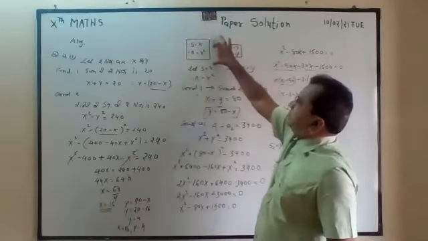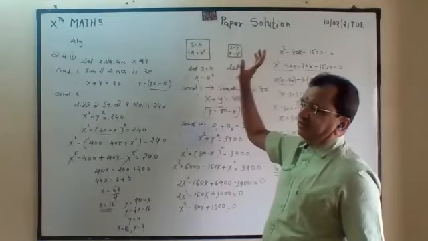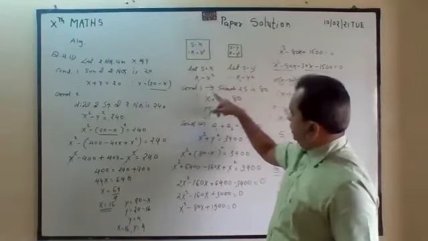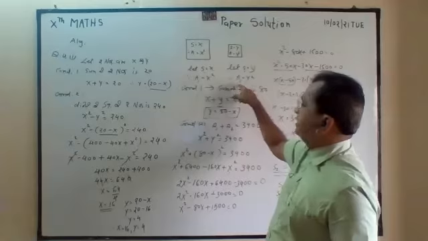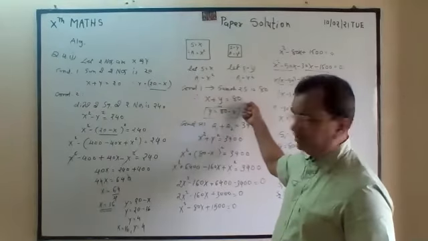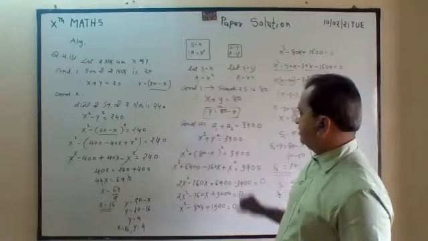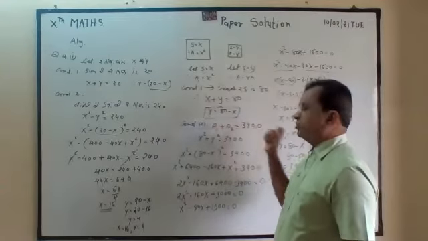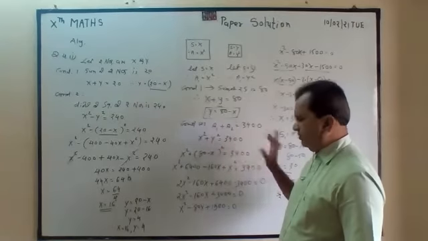Okay. There are two squares. Suppose side 1 is x, side 2 is y. So the area of first is x square, area of second is y square. Sum of two numbers is 80. So y is equal to 80 minus x. Sum of area is equal to 3400. So x square plus y square is equal to 3400.